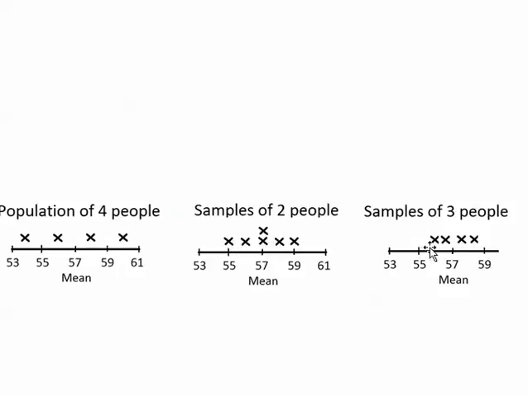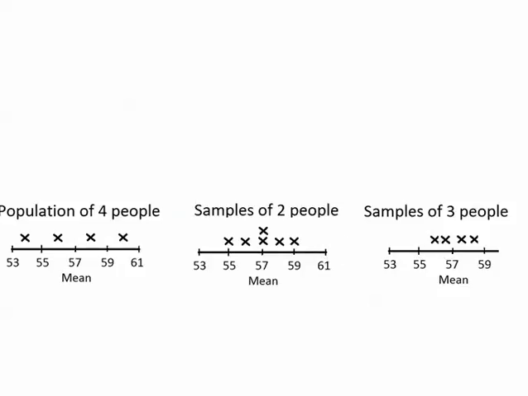And the means of the possible samples of 3 people have even less dispersion. So when you go from each value being 1 person to each value being 2 people to each value being 3 people, the values move in closer and closer to the center. They have less and less dispersion, like we see in this diagram.